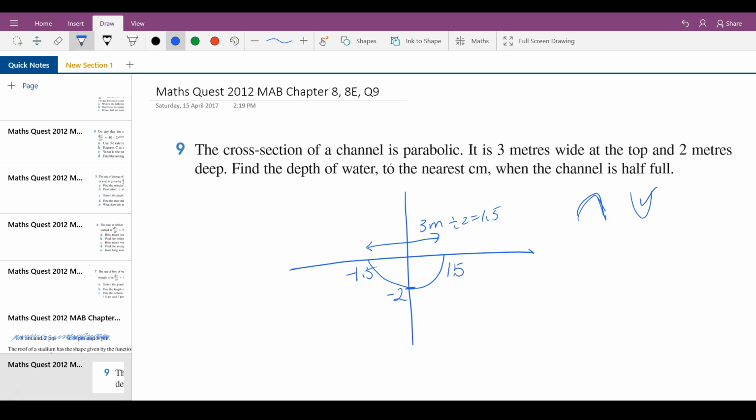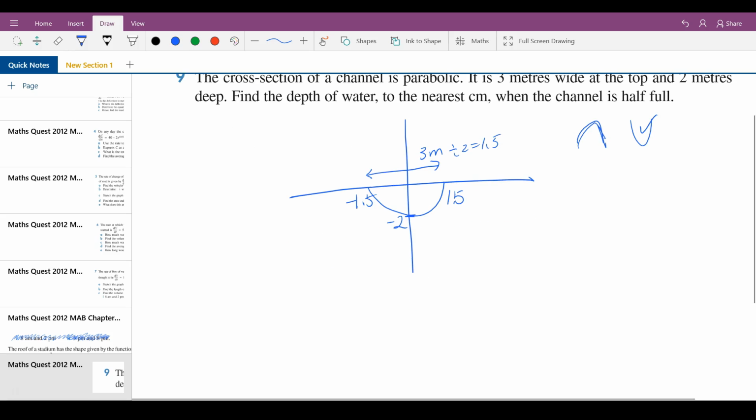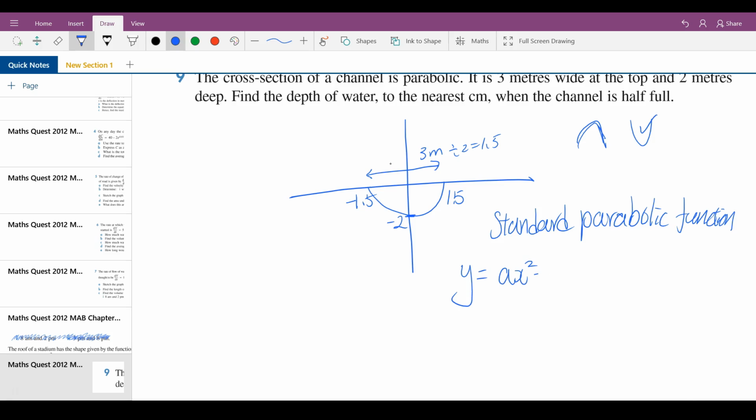So now we have to figure out the actual equation for the parabola. The standard parabolic function is given by the form y equal to ax squared plus bx plus c.